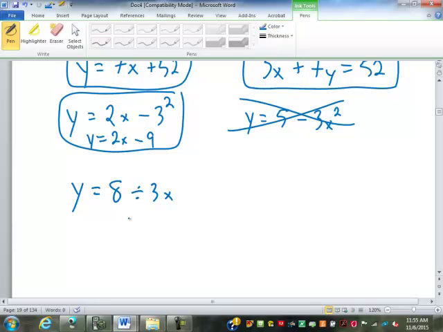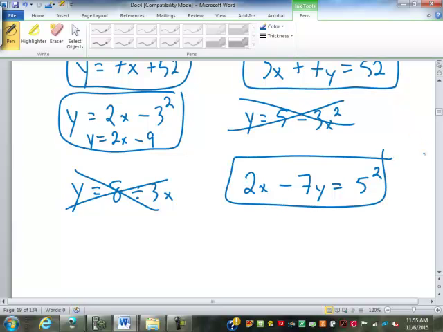Once again, not a straight line because we're dividing by x. We're dividing by 3x, but we're still dividing by x. How about that one? That one is still a line. There's a power, but it's on a number, not on one of the variables.